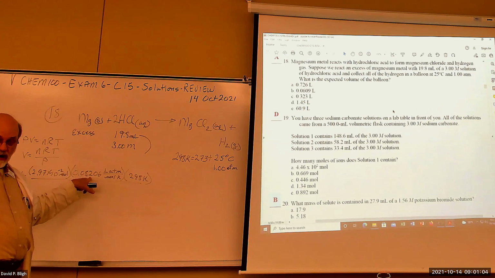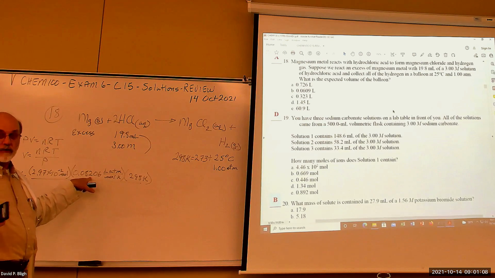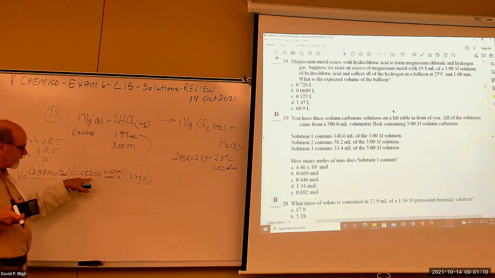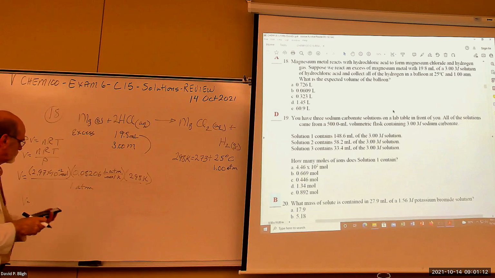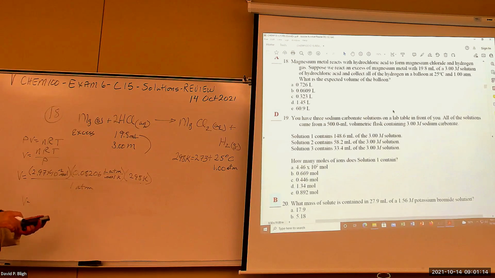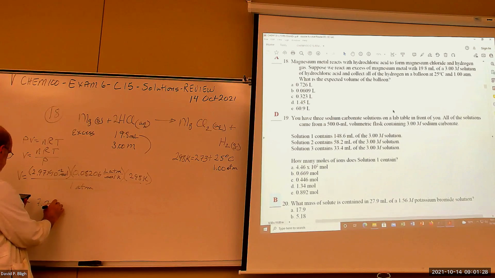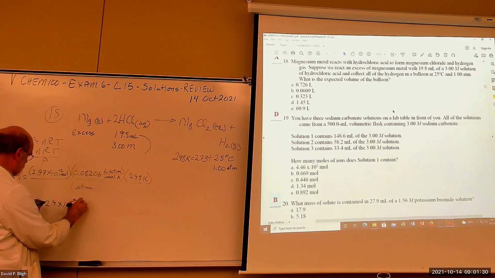This value for R is in the useful information. In every review document we'll have that, after we studied gases. And then 298. And divided by 1, obviously, is 7.29 times 10 to the third liters.